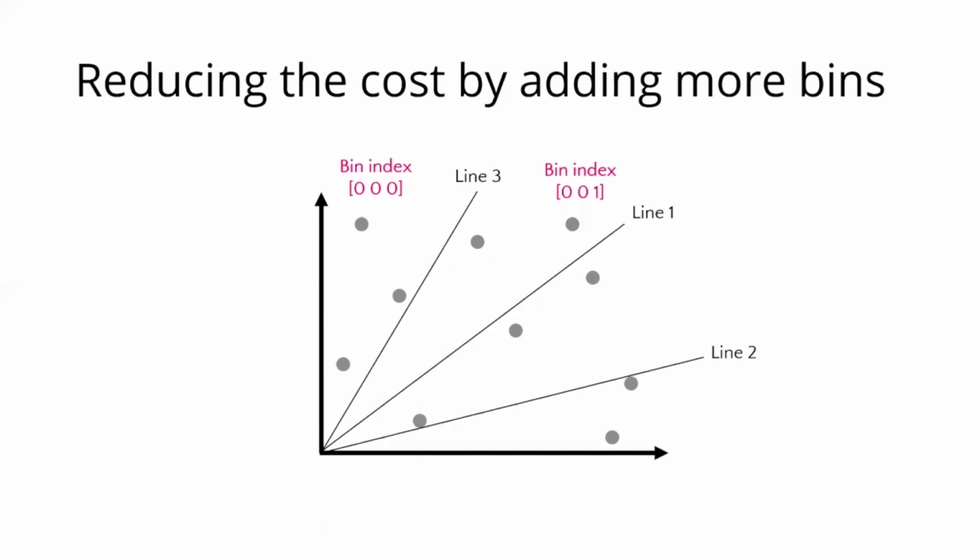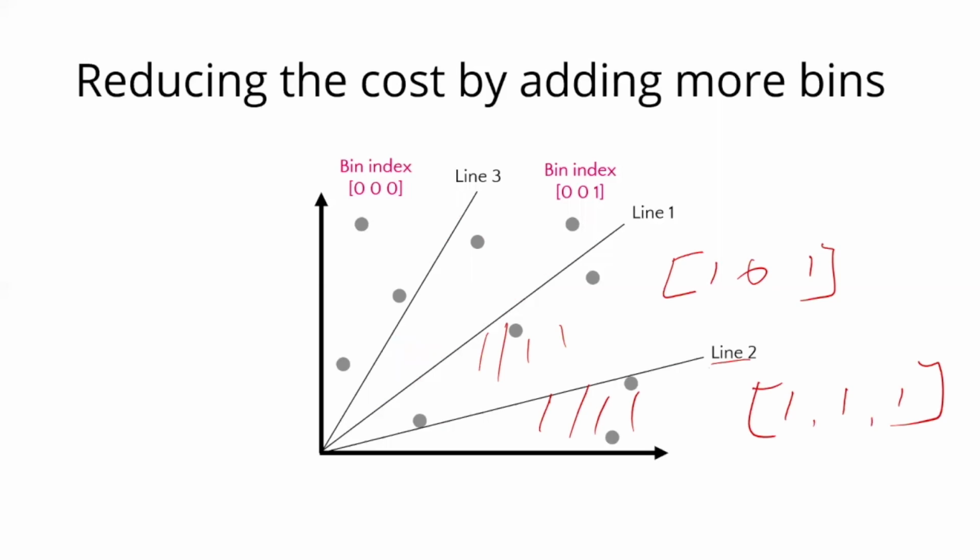If you repeat this process, without too much calculation, we now know that lines 1 and 3 are above this bucket. So 1 and 3 are above, and line 2 is below. And for this bucket, everything is above. So we have 1, 1, 1, okay? And those are going to be the labels for the remaining buckets.